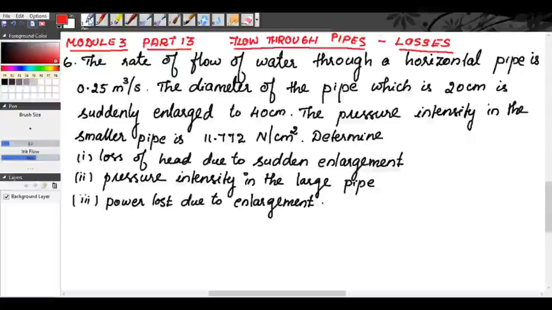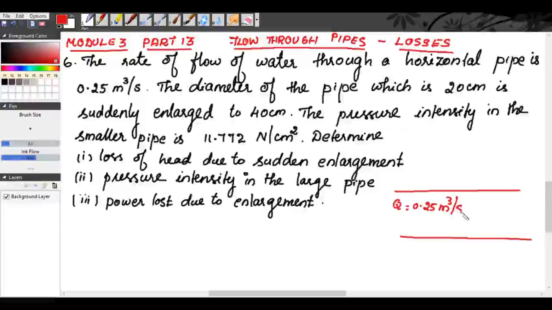Okay. So the next problem is: the rate of flow of water through a horizontal pipe is 0.25 meter cube per second. So your pipe is horizontal and the rate of flow of water through this horizontal pipe is 0.25 meter cube per second.